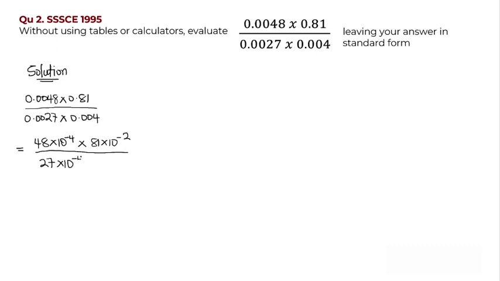Multiplied by 4 times 10 raised to the power of minus 3, as we move the decimal 1, 2, and 3.